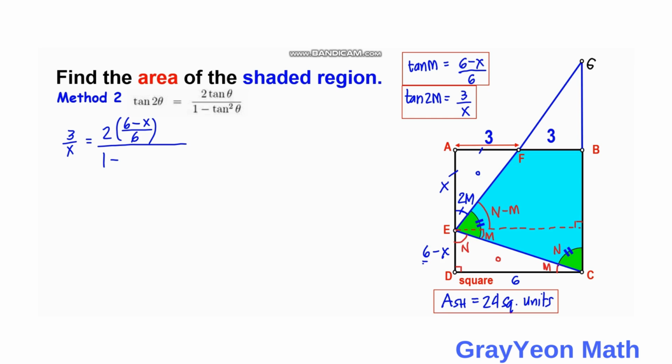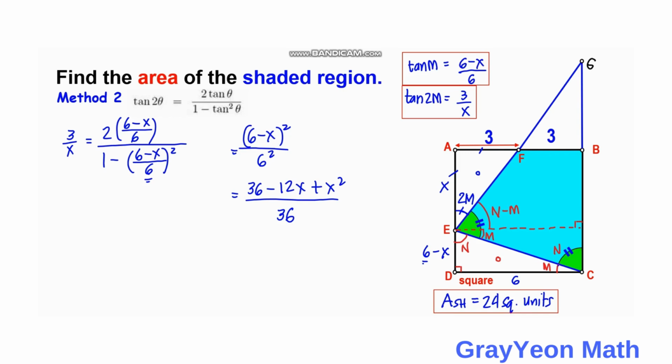So we square this, 6 minus x over 6 squared. Let us focus on squaring this part. To square that, we have 6 minus x squared over 6 squared, so 36 minus 12x plus x squared over 36.